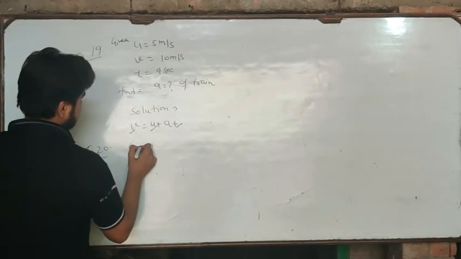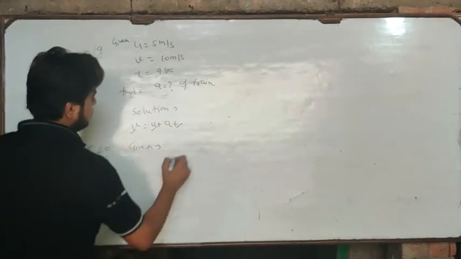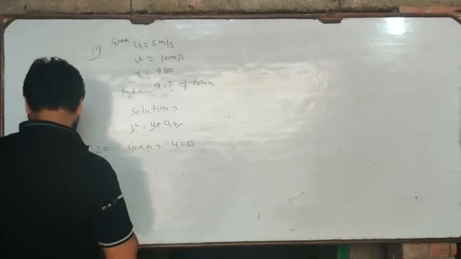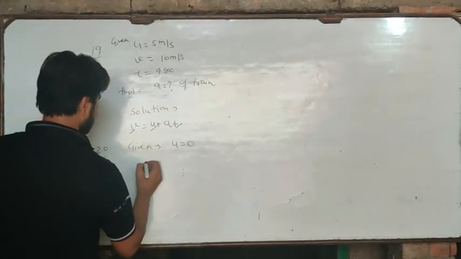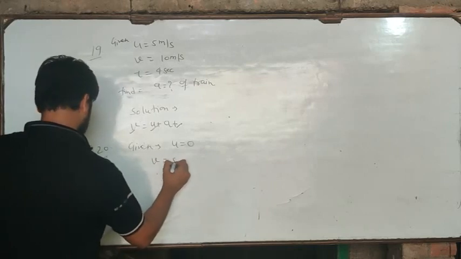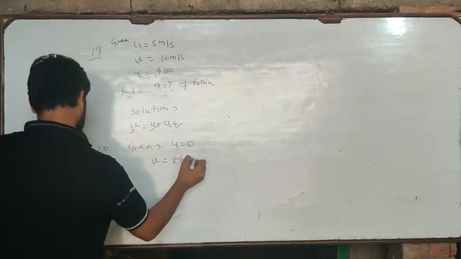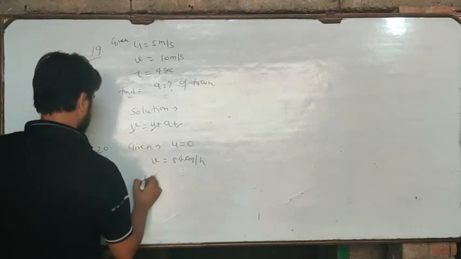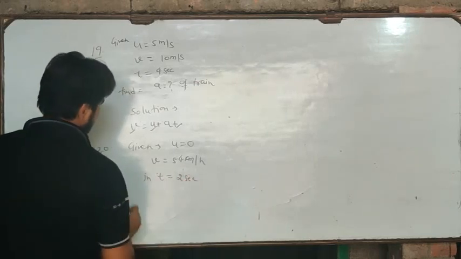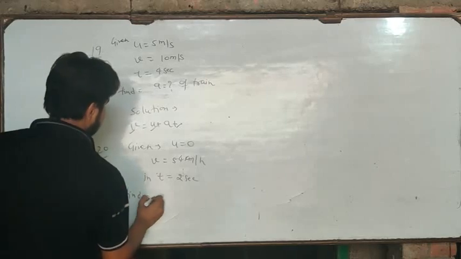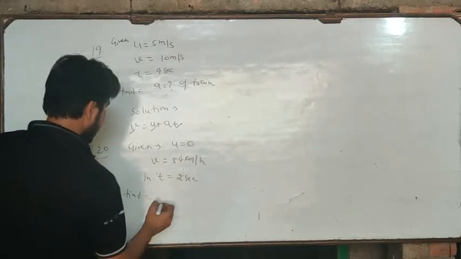Given: a car starts from rest, u is equal to 0. Acquired a velocity v is equal to 54 km per hour in t is equal to 2 seconds. Find acceleration.